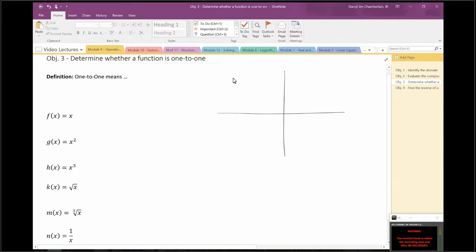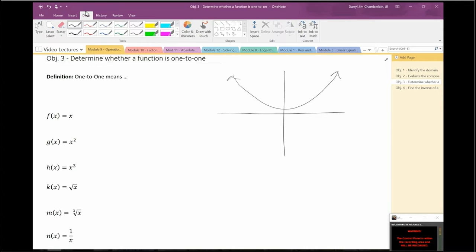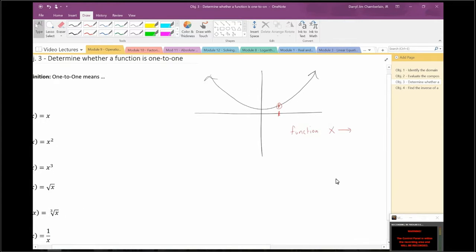So if I have something like this parabola, and I want to think about the parabola at some x value, we have exactly one corresponding y value. So function: x goes to exactly one y value.